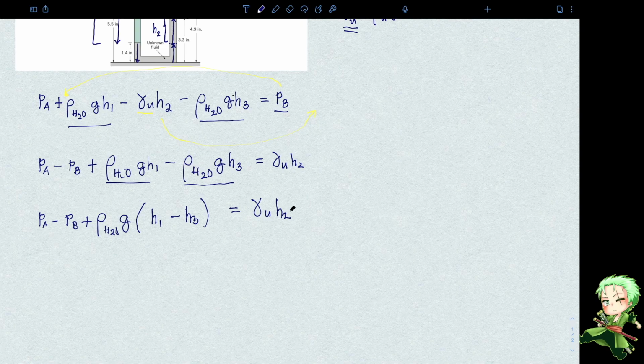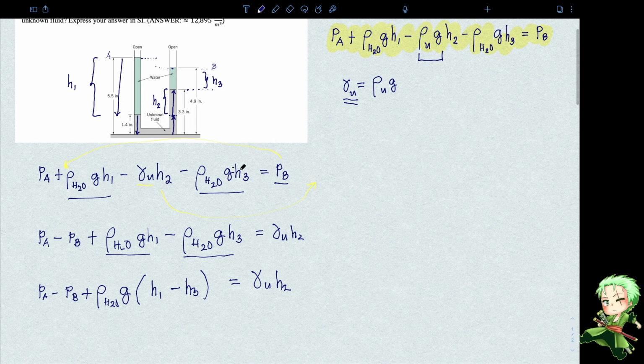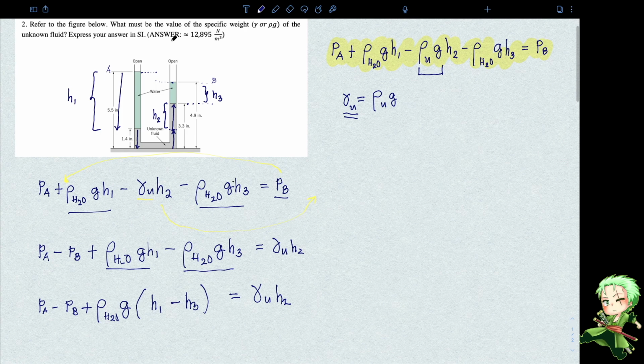But wait, before dividing both sides by H2, you need to note that the pressure at A, I will point it in yellow, the pressure at this point and this point actually has the same value because PA is just equal to the atmospheric pressure, since that is open or exposed to the air outside.